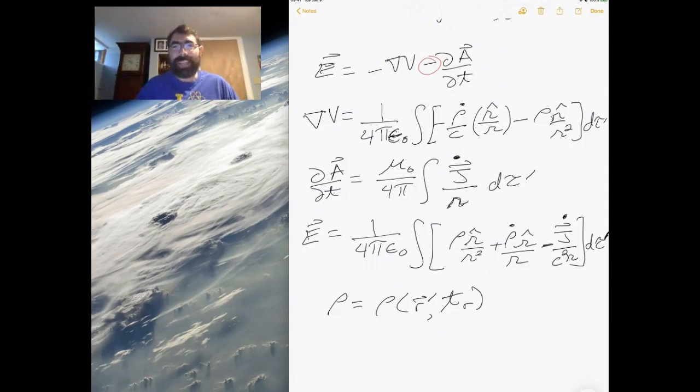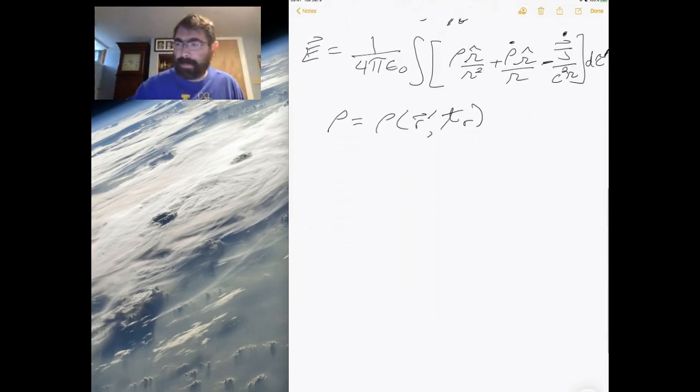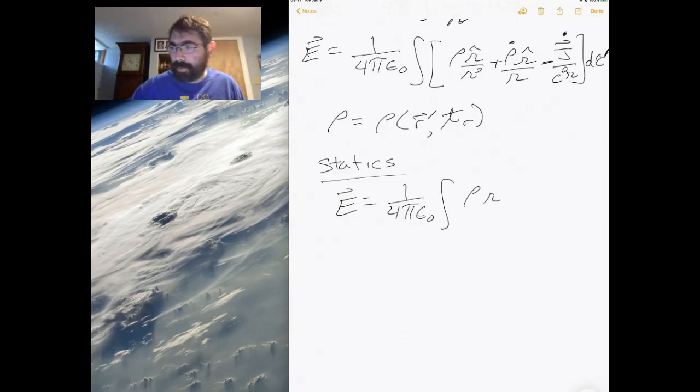When we were talking about the statics case, what you had was 1 over 4 pi epsilon naught, rho r hat over r squared, integrating over the volume. Now we've got these two extra terms. We bring in the time dependence. We see how the charge distribution is changing with time, as well as how the current is changing with time.